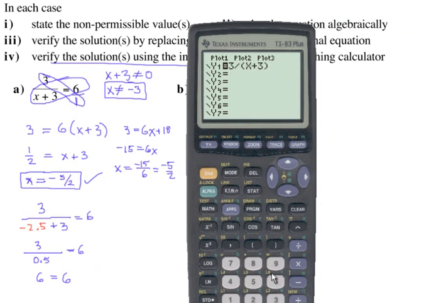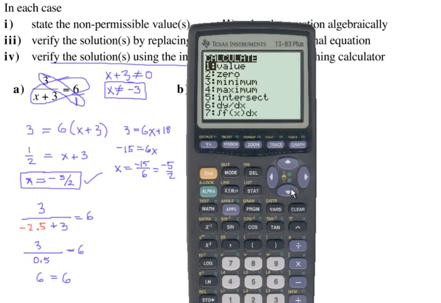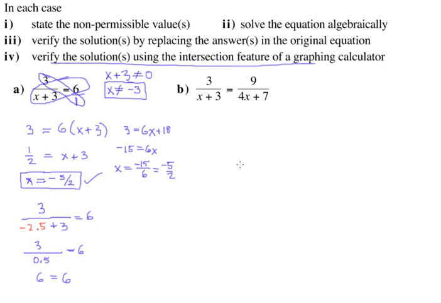The right side of our equation is 6. If you graph those, there's the left side. Here's the right side, and you can see right there is where they're trying to intersect. Second trace, intersect, enter, enter, enter, causes it to find the intersection point, and sure enough, it says the intersection happens when x is minus 2.5. So that worked okay.